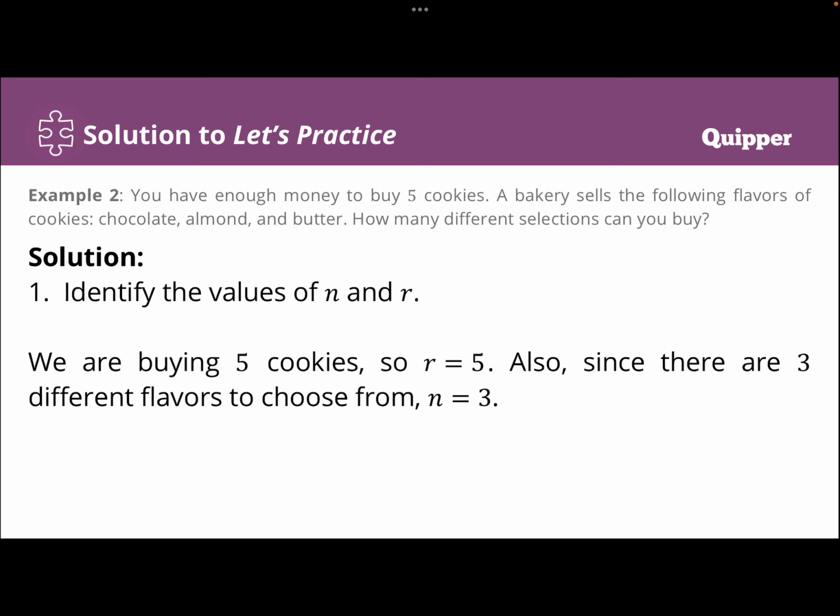So, una, identify natin yung values ng N and R. So, we have here given 5 cookies. So, the value of our R is 5. And since there are 3 different flavors, which is chocolate, almond, butter, the value of N here is 3.